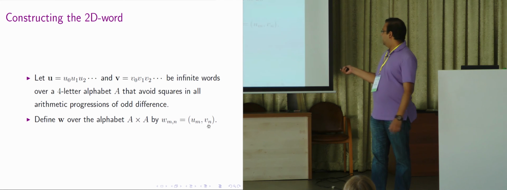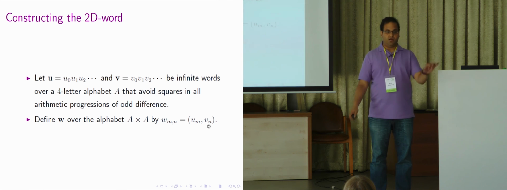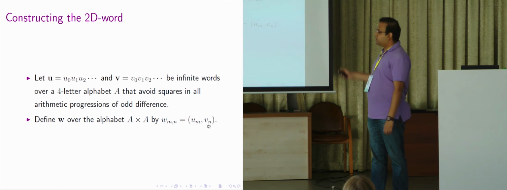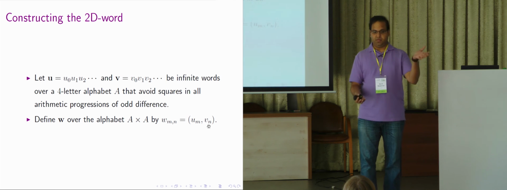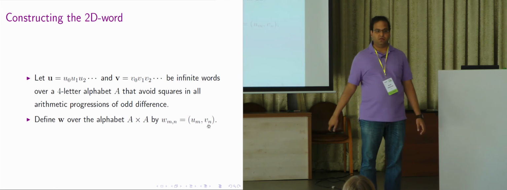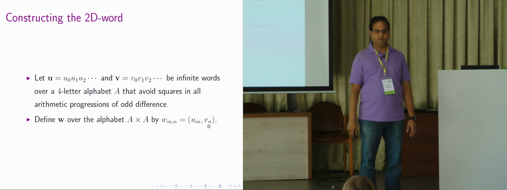And now I make a new alphabet that's the Cartesian product of the old alphabet with itself. So this is my 16-letter alphabet. Right? And I make my two-dimensional word by simply taking the Cartesian product of these two words.